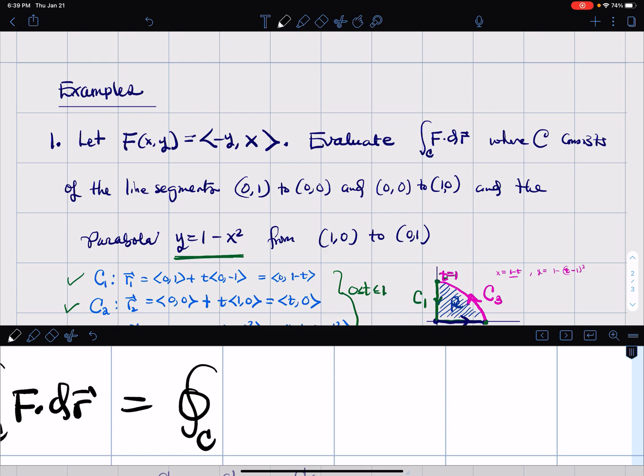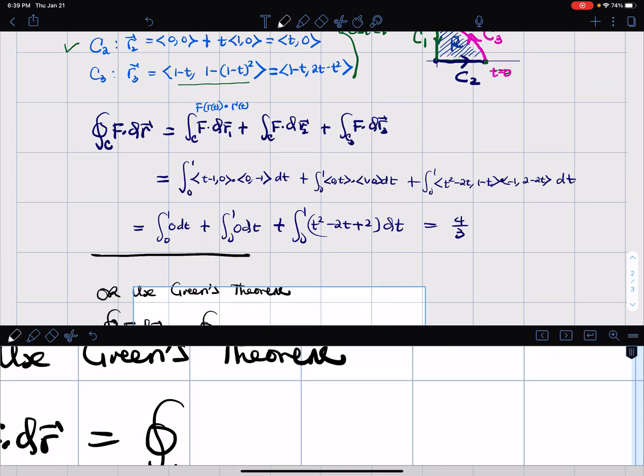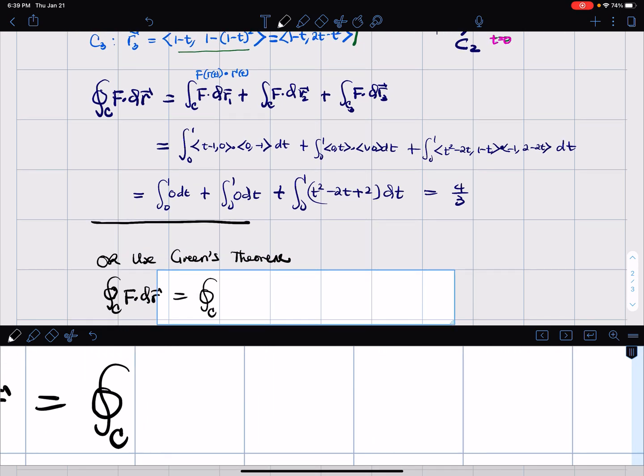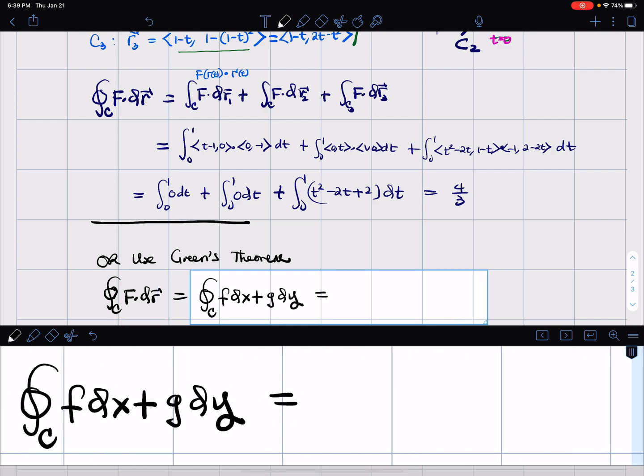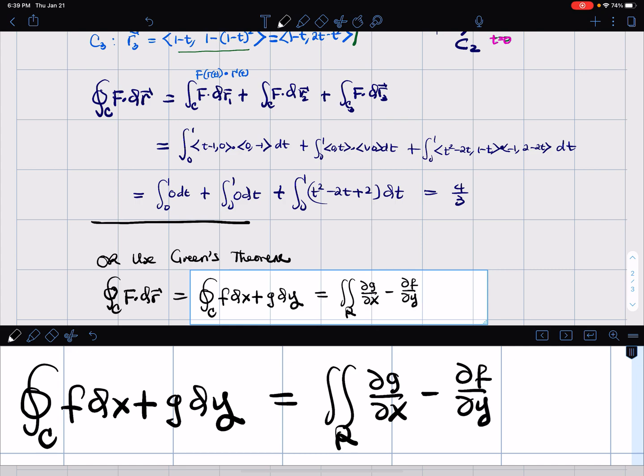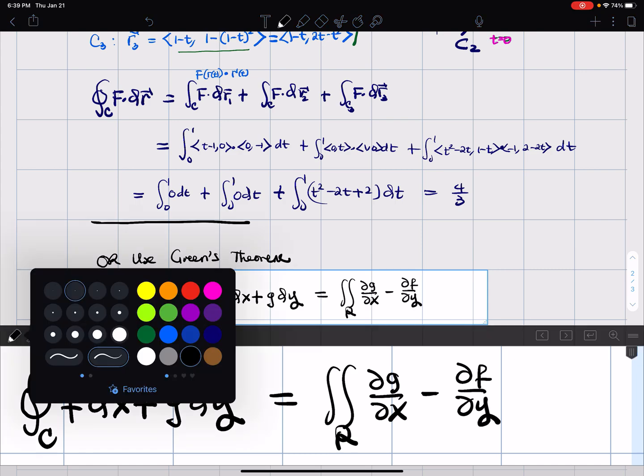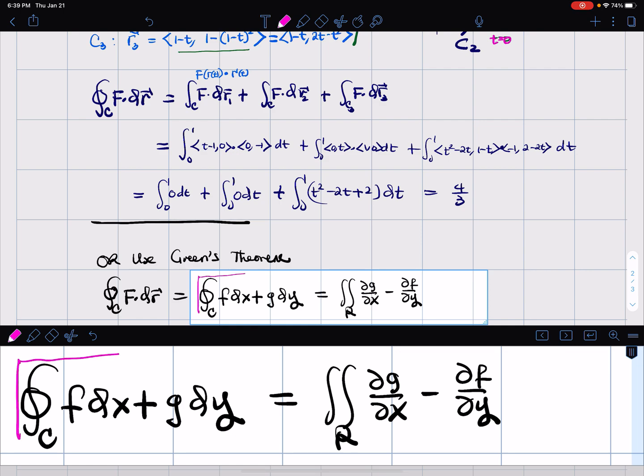Okay, that's what I meant to say. So we're going to use Green's theorem. I'm going to say this is F dx plus G dy, and then this is the double integral over the region of dG/dx minus dF/dy. Okay, that's what we're doing. So this is just the statement of Green's theorem.